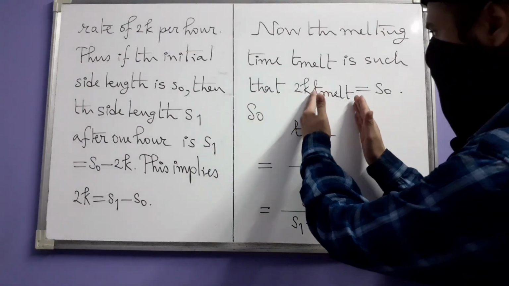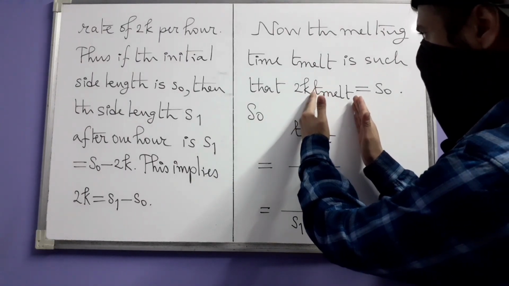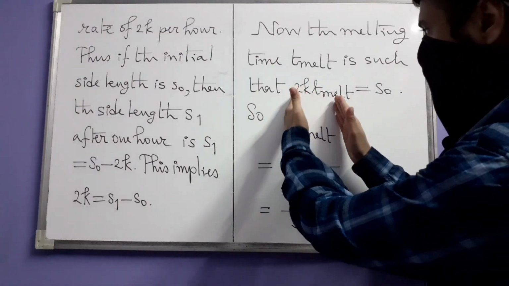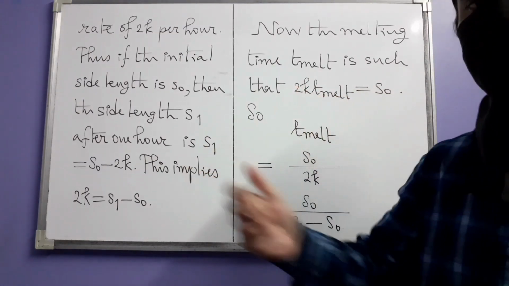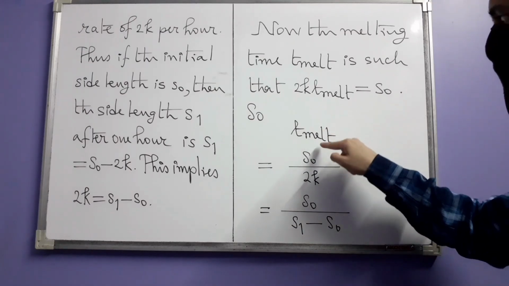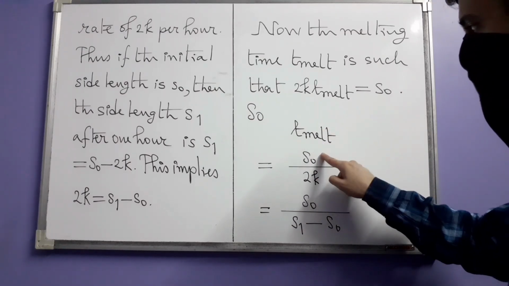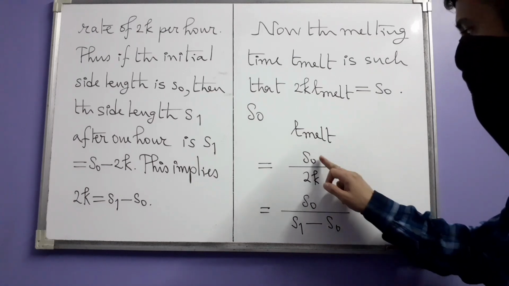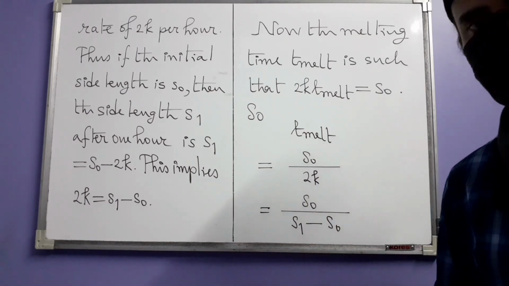So in T hours, if everything has to be lost, then 2K times T should be equal to the entire length, obviously. And from that, we can get a formula expressing T melt, the melting time, in terms of 2K and S0: S0 divided by 2K.